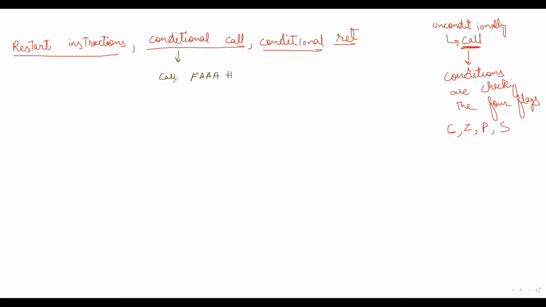What was this call doing? It was simply putting FAAA in PC. That means it was going to this particular address and running the instructions stored there. And at the end, we will have return. Return means it will go to the next instruction after the call. So this was an unconditional call, meaning we were not checking anything.